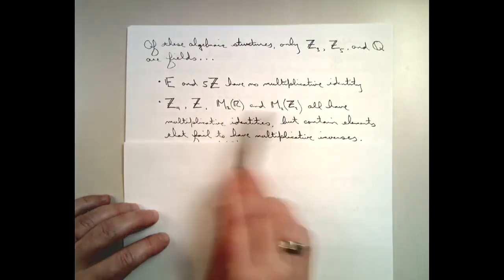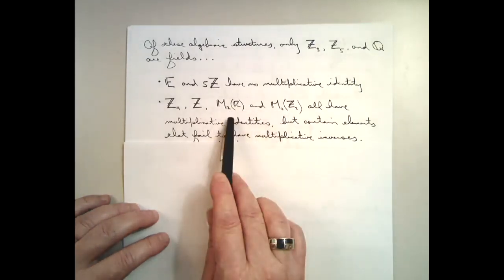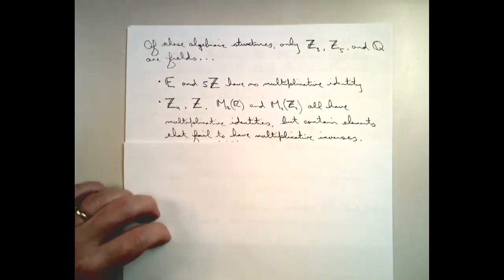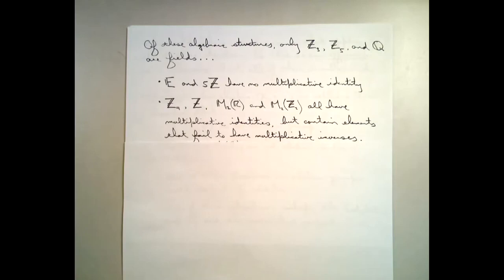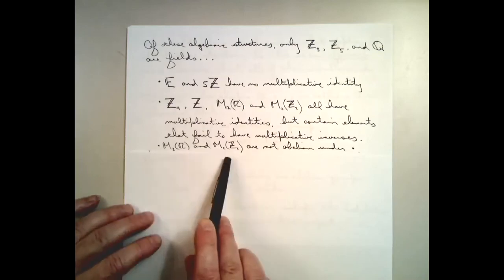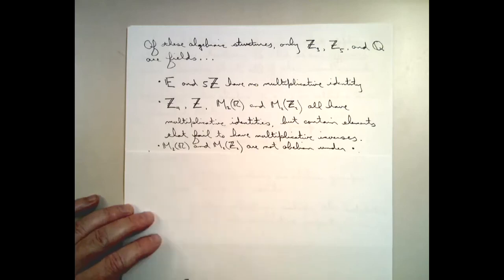I will leave it to you to find elements in our collection of matrices that don't have multiplicative inverses. In addition, multiplication is not commutative for matrices, and it's easy to find counterexamples to show that fact, right?